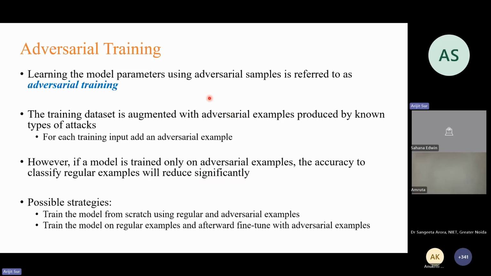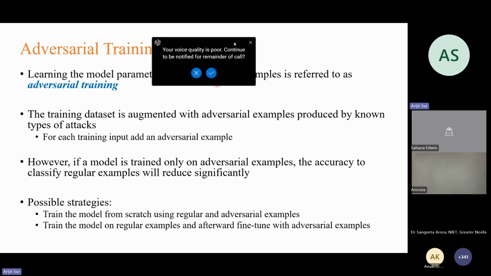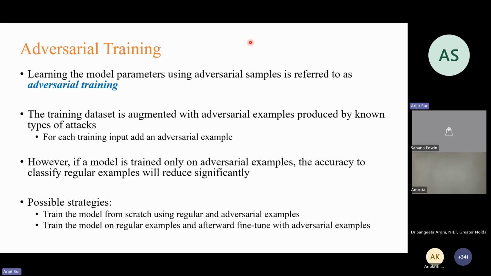First, adversarial training. For adversarial training, we have to generate adversarial examples. How do we get them? We can put some noise in such a way that the sample is misclassified. Learning the model parameters using the adversarial samples is referred to as adversarial training.